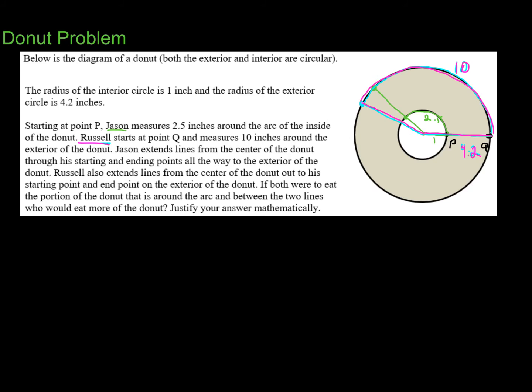This should remind you of how we actually measure an angle. An angle is measured by the number of radius lengths in the arc that it creates. So for example, the angle that Jason creates, the arc length is 2.5 and the radius of his circle is 1. So the angle that he creates is an angle of 2.5 radians.